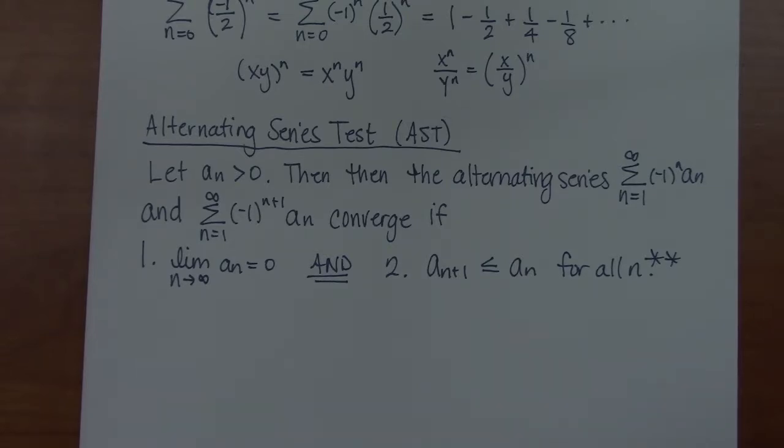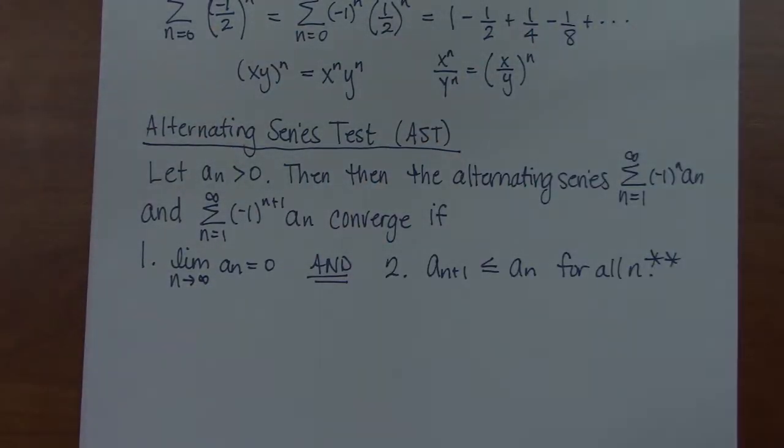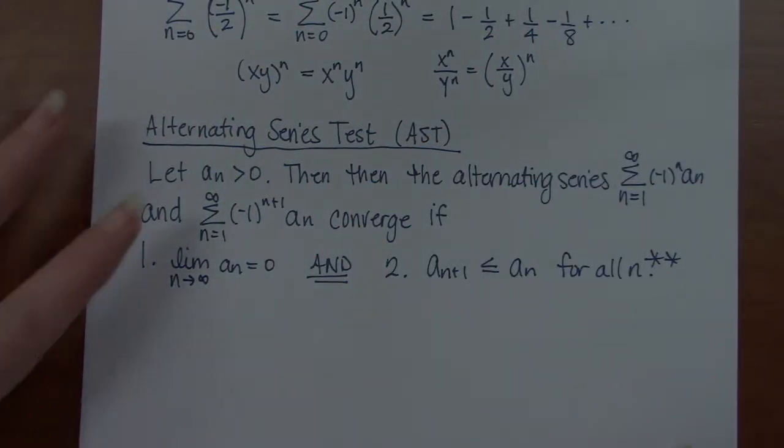So when we say for all n, if there is a finite number n, like 4 or 5, after which we know this inequality is true, then that still holds. We can still use it because we only care about things going off to infinity. So let's look at an example and see how to apply this test.